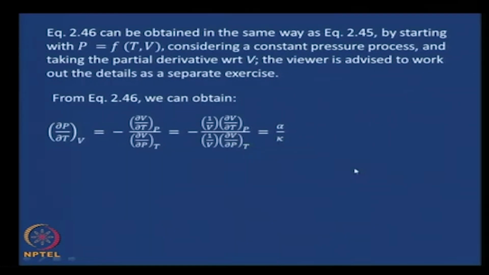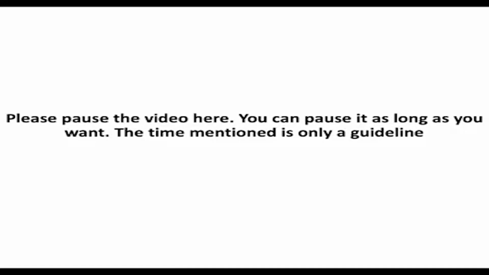Now can you substitute the values in, let us say, in 2 minutes and see what value of (∂P/∂T) at constant V you get and how you would interpret it. Take about 2 minutes and then I will present the solution, and with that we will end this class.